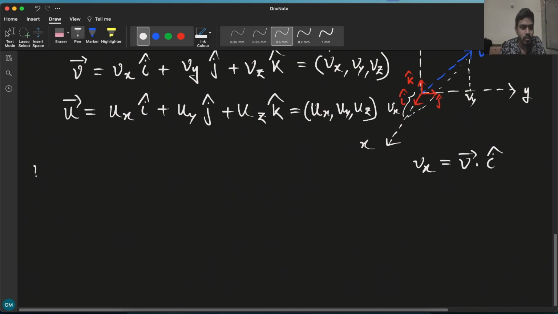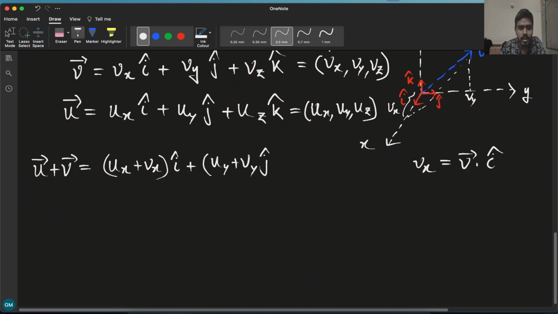So the addition will be like, if I do u plus v, then it will be (ux plus Vx) i hat plus (uy plus Vy) j hat plus (uz plus Vz) k hat, right?